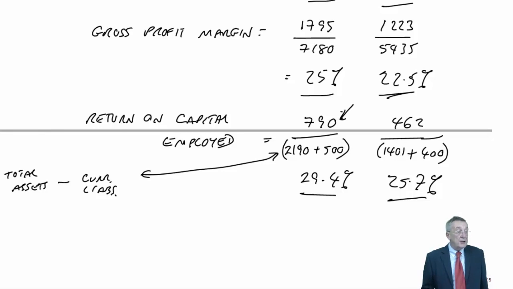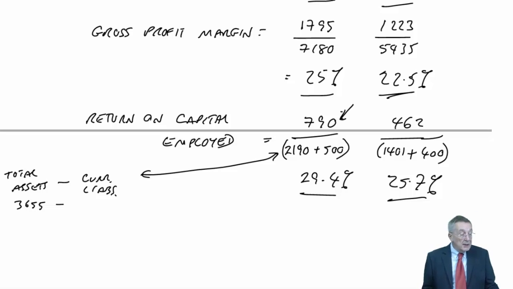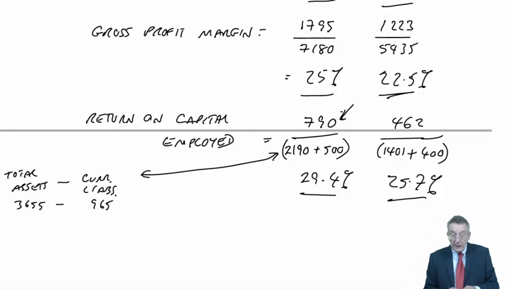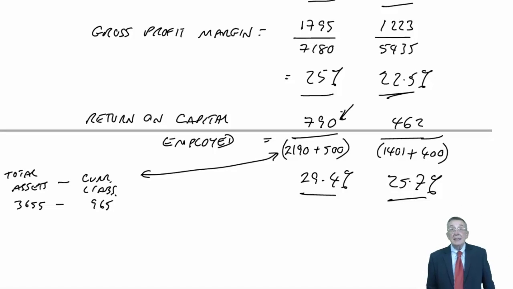So if you just check for X7 on our example, total assets, non-current plus current, are 3655. Current liabilities are 965. And if you take the difference, 3655 minus 965, again, is 2690. Doesn't matter which way you get it, but it just depends what information you're given.